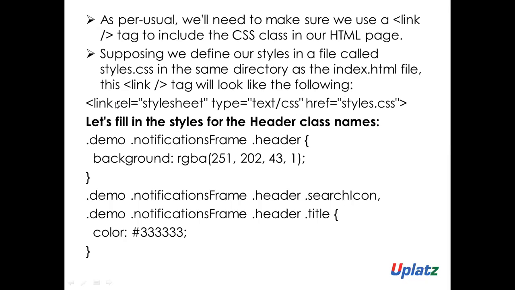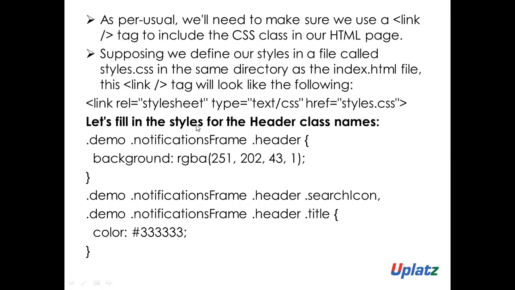The link should be like this: link, rel is stylesheet, type is text/css, href is the file name, styles.css. This is the file name you need to mention in the href.